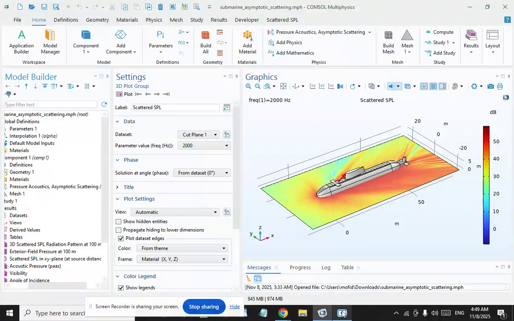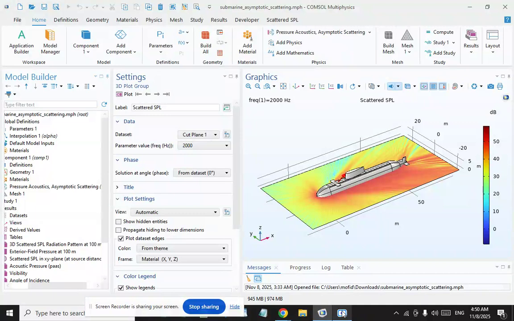Here G of x, y, z given x prime, y prime, z prime is the Green's function representing the propagation of sound from x prime, y prime, z prime to x, y, z. Zs of x prime, y prime, z prime is the surface impedance at the point x prime, y prime, z prime. P-inc is the incident pressure at the same point, and dS prime is the differential surface area at x prime, y prime, z prime.